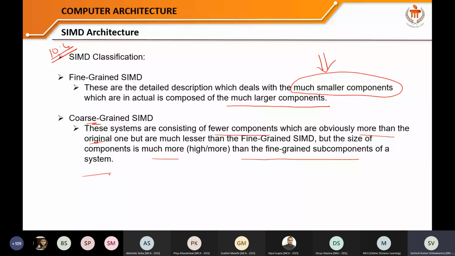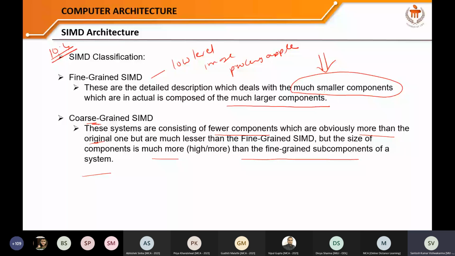Now, fine-grained architectures are generally designed for low-level image processing applications. Their complexity is minimal, and the degree of autonomy is lowest feasible in each processing element.